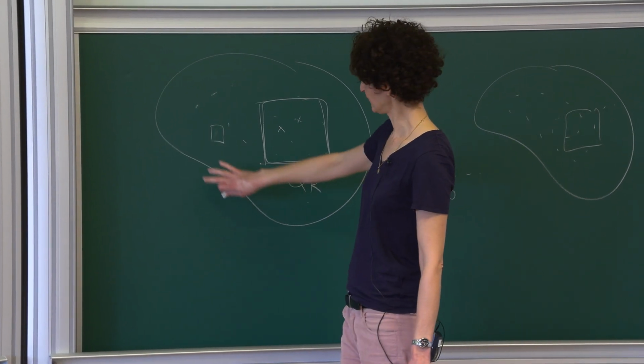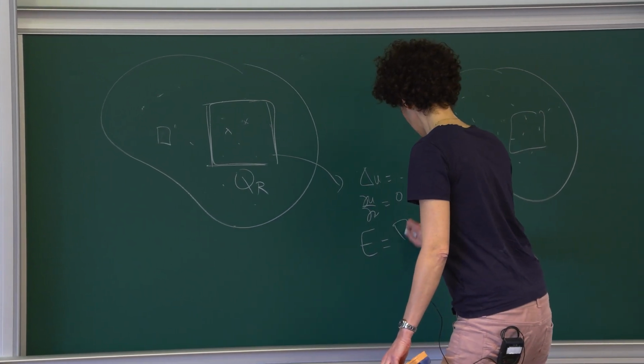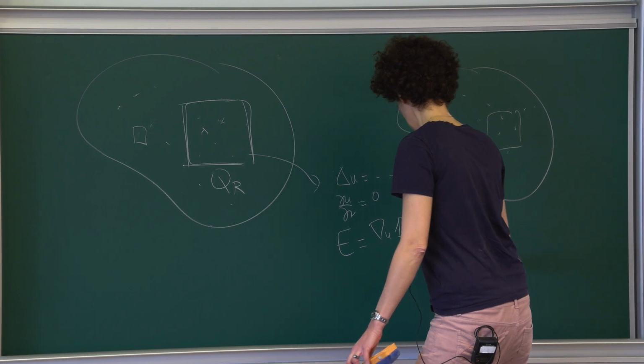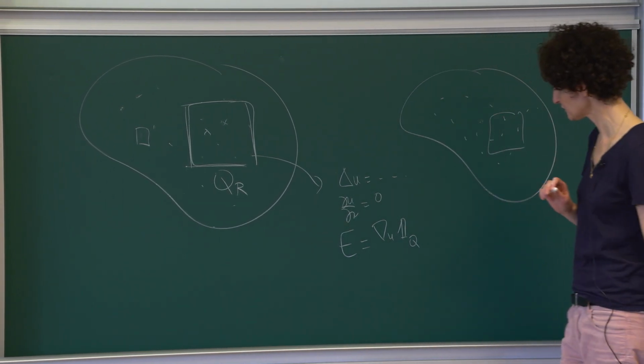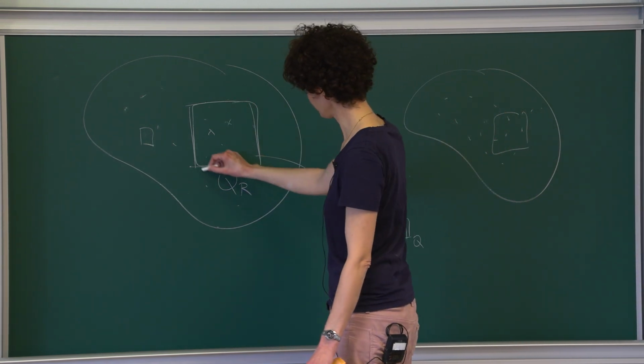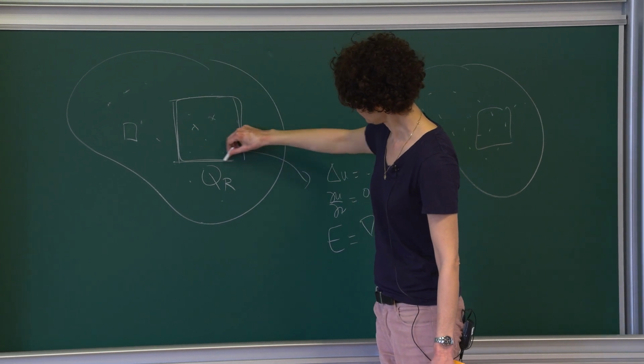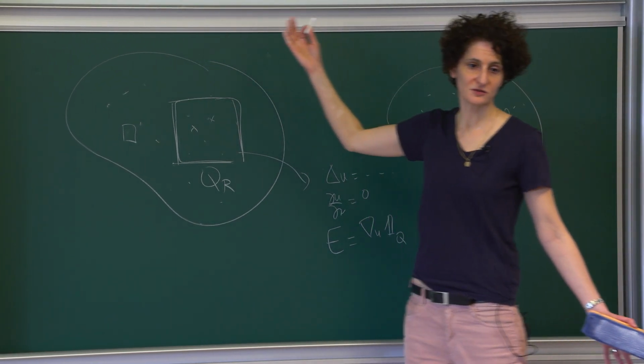And if you extend it by 0, so if you let E be grad u indicator of the cube, and then outside it's 0, then for the same reason, there is no divergence of E on the boundary. So you have E dot nu equals 0 here, and E equals 0 outside.